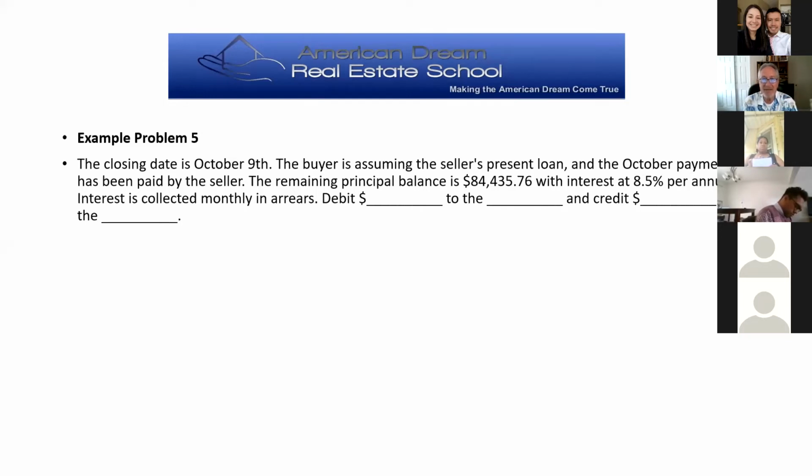Same thing with taxes, because the bill comes the following year or the following month. Therefore, in the month or the year that you're closing, the buyer needs to get a credit at the closing table for the bill that's going to occur in the future. Does that make a little more sense? Yes, it does. It's reversed. Yeah, I get it. Good.